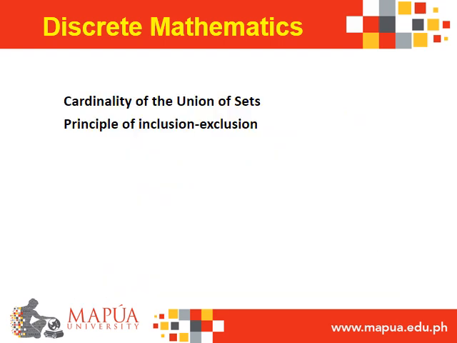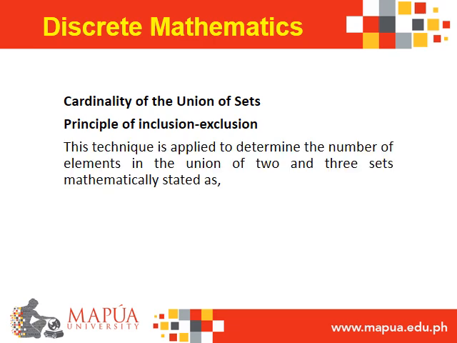The next operation is known as the cardinality of the union of sets, which basically counts off the number of elements included within your union of sets, just like the cardinality of your set. Now, in the cardinality of sets, we often apply what you call the principle of inclusion-exclusion in order to determine the exact number of elements that are found within each region of your corresponding union of sets.